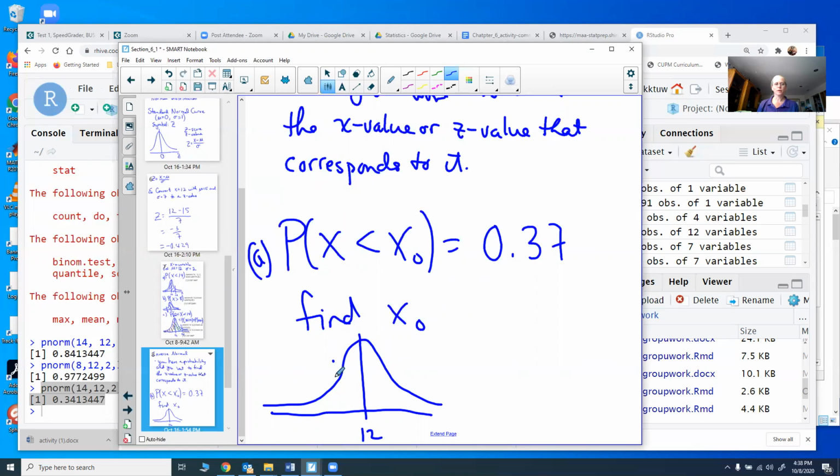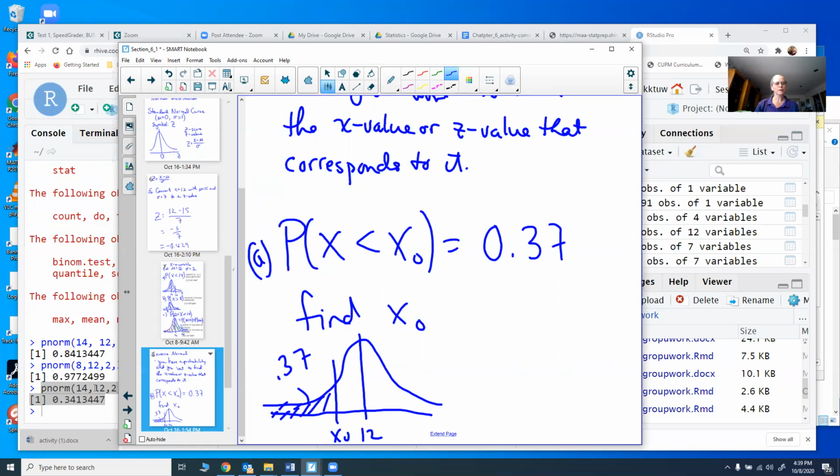But I've got some x0 here. I don't know exactly where it is. Just put it somewhere. And we're saying we're less than it, so we're below it because we're saying less than. If we're saying greater than, we shade the other way. And we're saying this area here is 0.37. I want to know what number that is on the axis. That's what I'm looking for here.